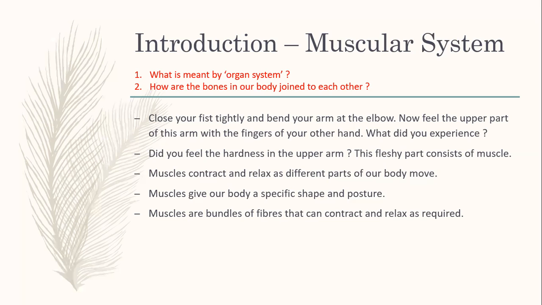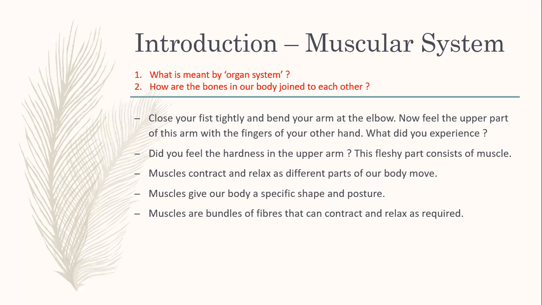Okay. Now muscles also have various different functions apart from contracting and relaxing and making us move or do some work or talk or write something. All of this depends upon the muscles which are there on our body. So muscles also give a very definite shape and posture to our body.